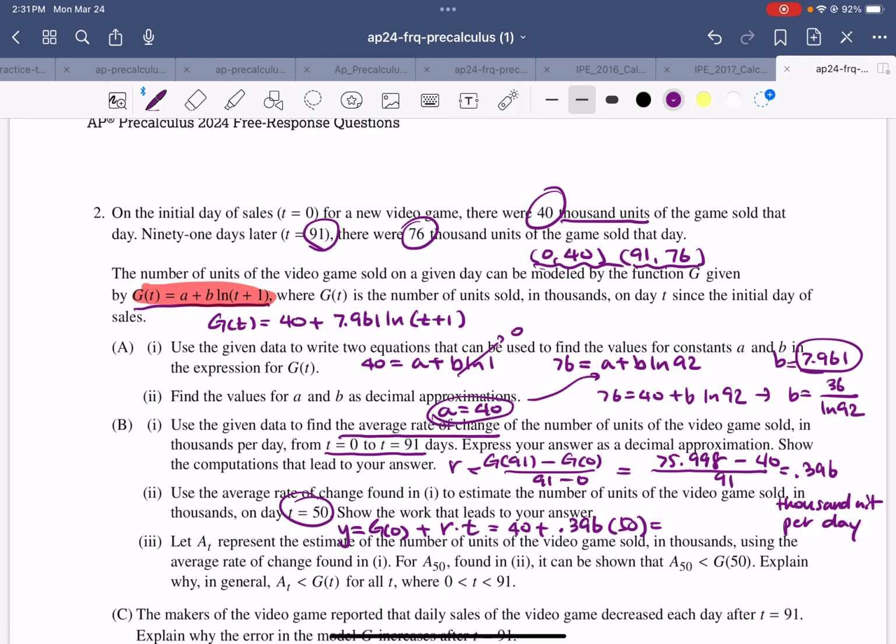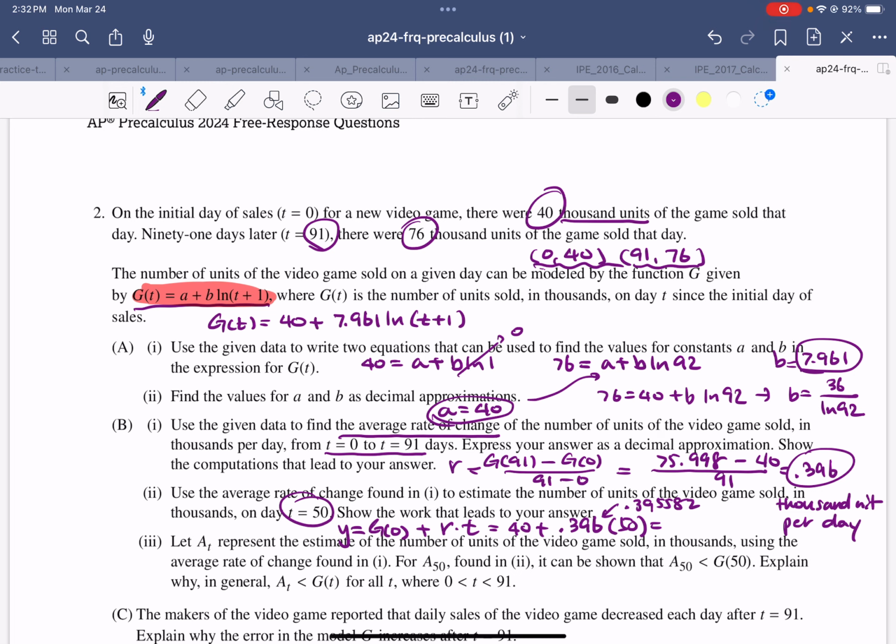Now once you type it in the calculator, even though we found r to 3 decimal places, when you use it here, just copy and paste the full r value. So instead of 0.396, you can actually use 0.3965582 or so. Copy and paste that and multiply by 50.